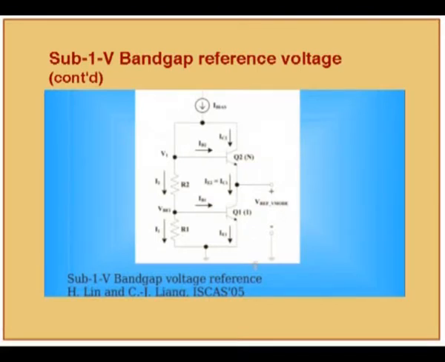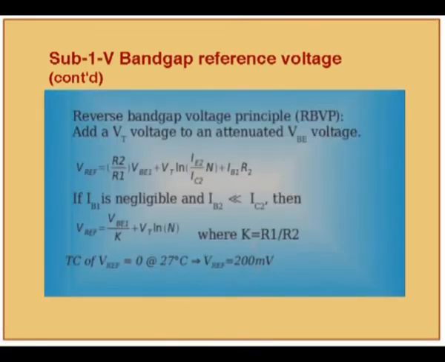Now, what is the basic idea here? Let's see that we use reverse band gap voltage principle, RBVP, instead of band gap voltage. Instead of adding a multiple of VT to VBE, we will add attenuated value of VBE to VT, right? Now we expect to get less voltages.